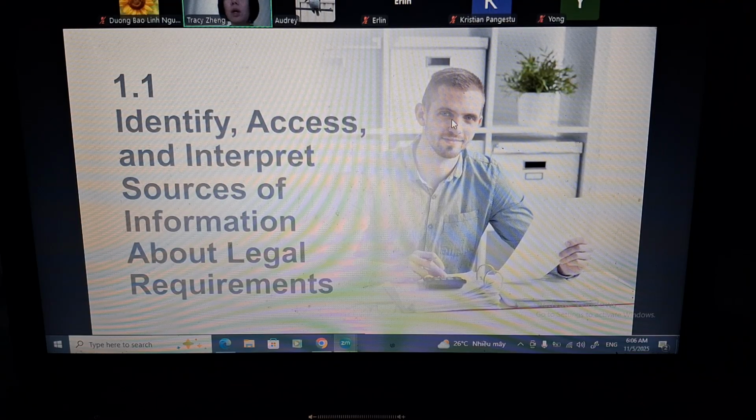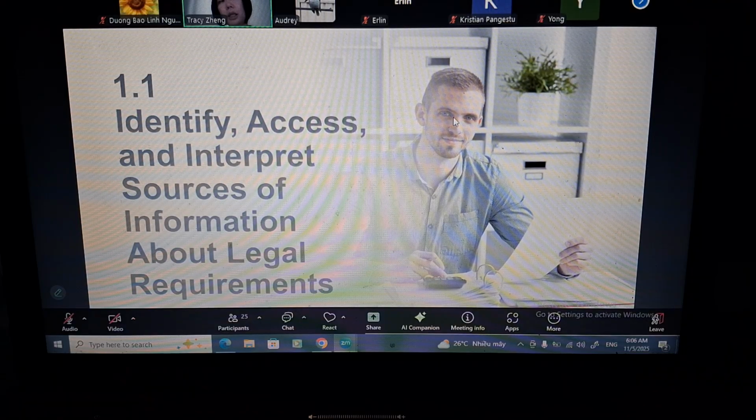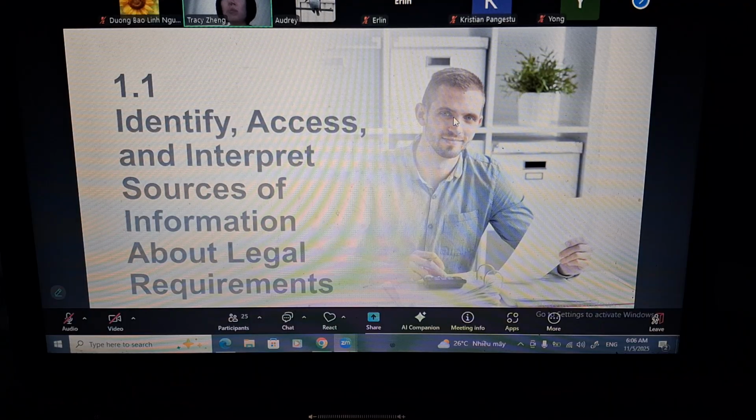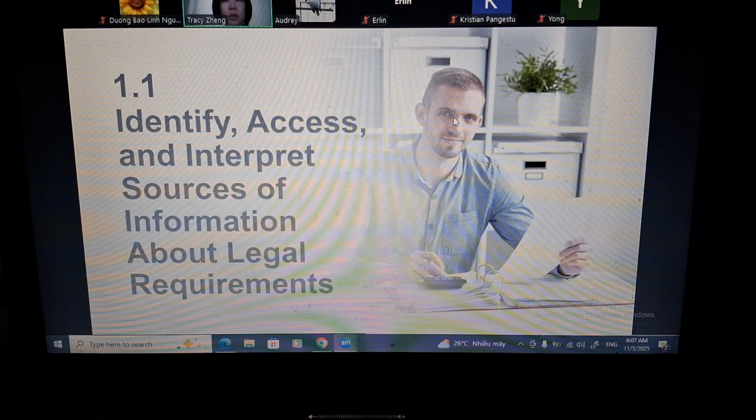If I want to find out more about the legal requirements, where can I find that information? So this is our first part, helping you identify, know where to access, and how to interpret all of those sources of information about the legal requirements.